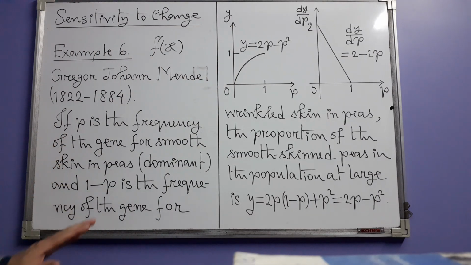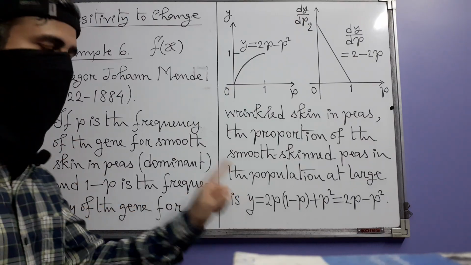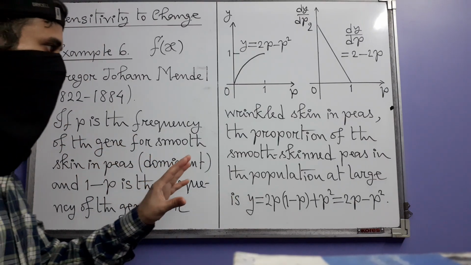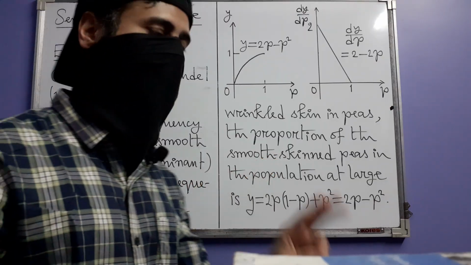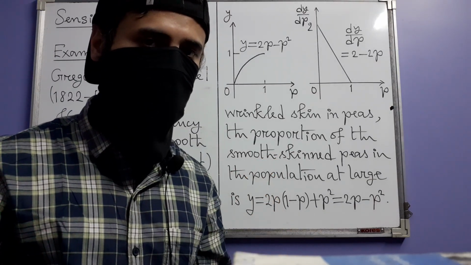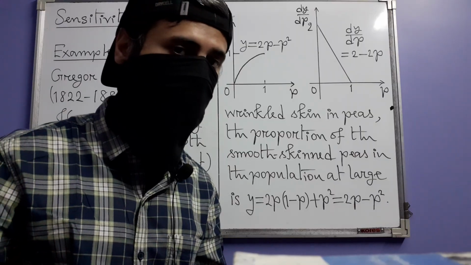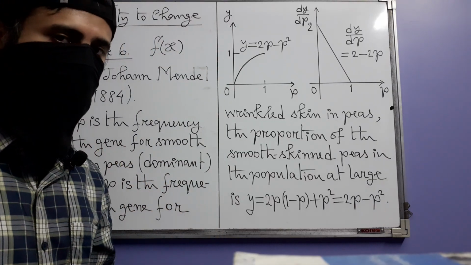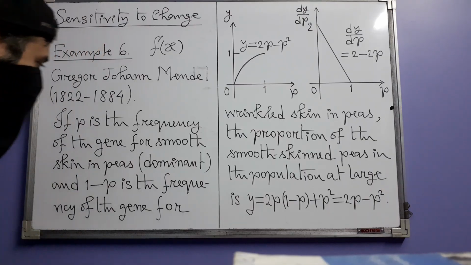From Mendel's research and his records, this is what he found. He was researching two different types of garden peas. In one of them, the peas have smooth skin, and in the other, they have wrinkled skin. And specific genes are available for these skin types.